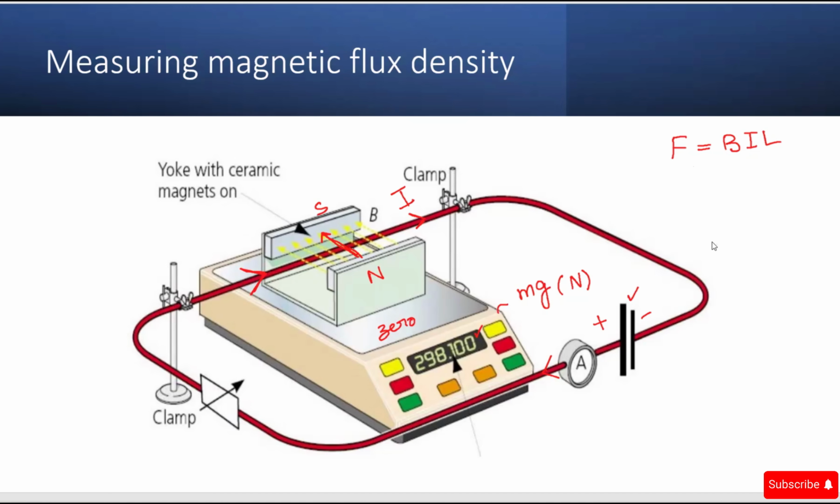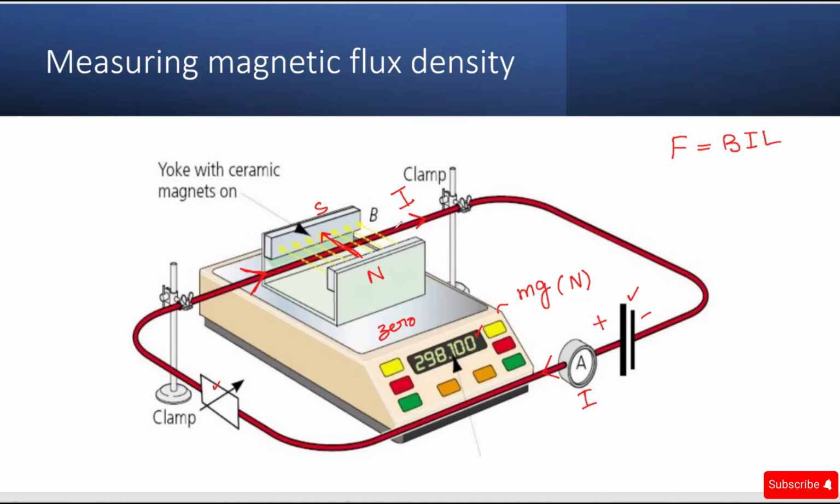Very good. Now, what would happen? Here we have a variable resistor that you can change. You can change the value of current that you will be measuring using this ammeter. What will happen here? Let's understand. This magnetic field will apply a force on this current carrying wire.